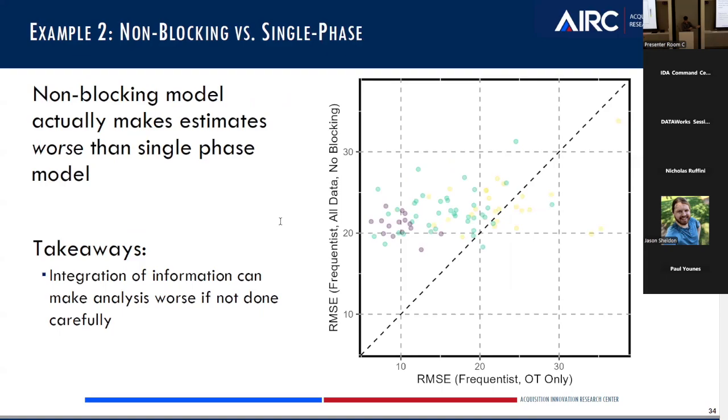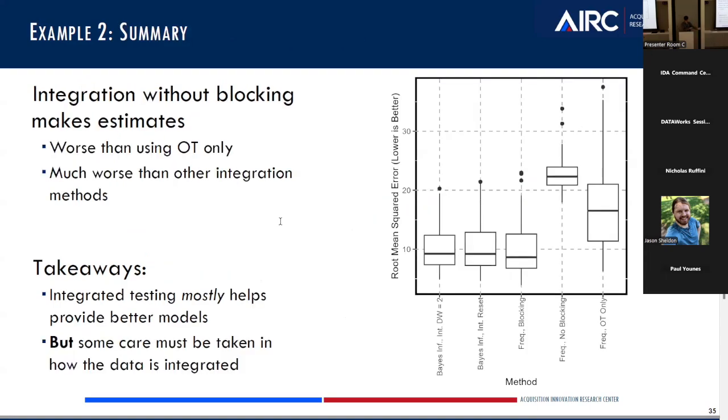And then finally, we can even take that non-blocking integrated model and compare it back to the original model with OT only data. And we see that we do quite a bit worse than that even, right? So the effect of integrating information has been mitigated by the fact that we didn't really use the right model to do it. Okay. And so we put all this stuff together, right?